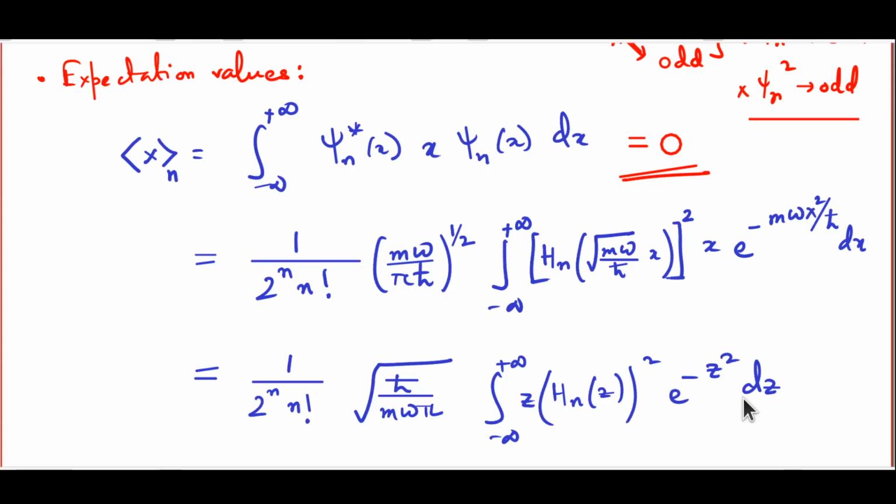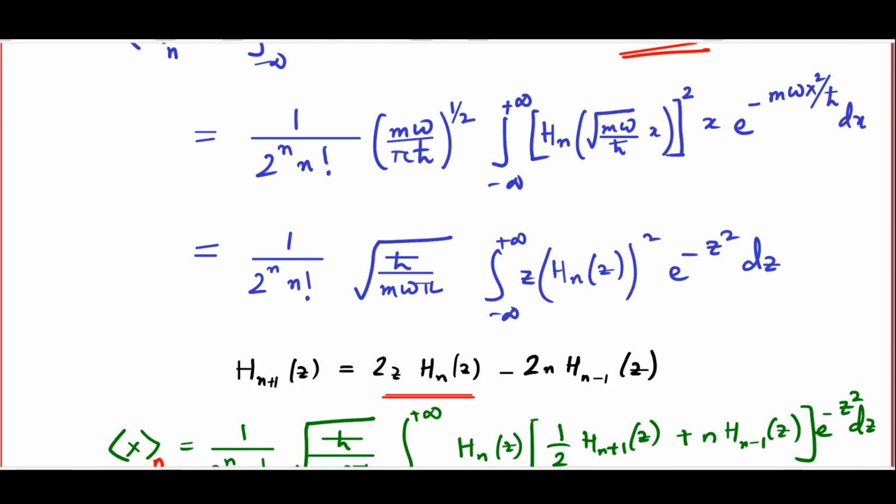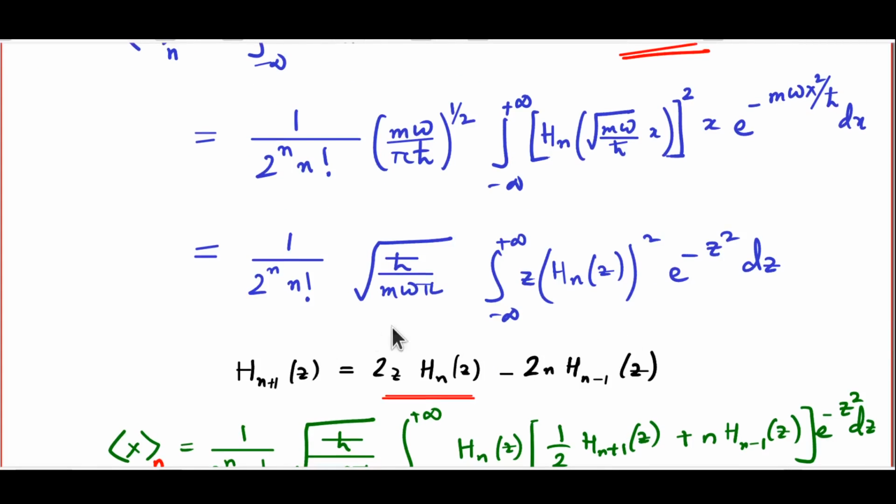Let us just try to see how we could use the orthonormality relation and the other properties of the Hermite polynomials to figure out that this is going to vanish. But you can see that you cannot directly use the orthonormality relation here, because this is not Hn z Hm z times e to the minus z square. There's a third factor here, which is z. But we have this recursion relation between Hermite polynomials.